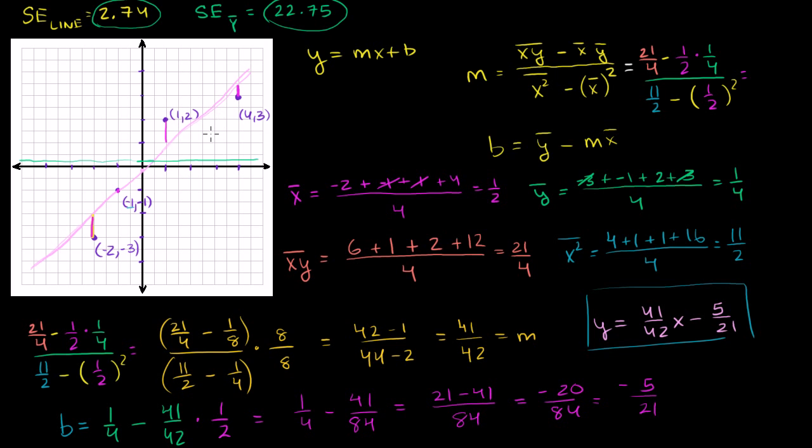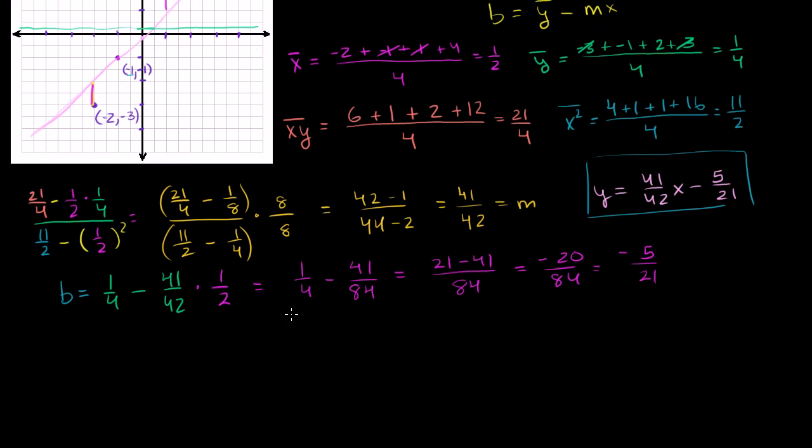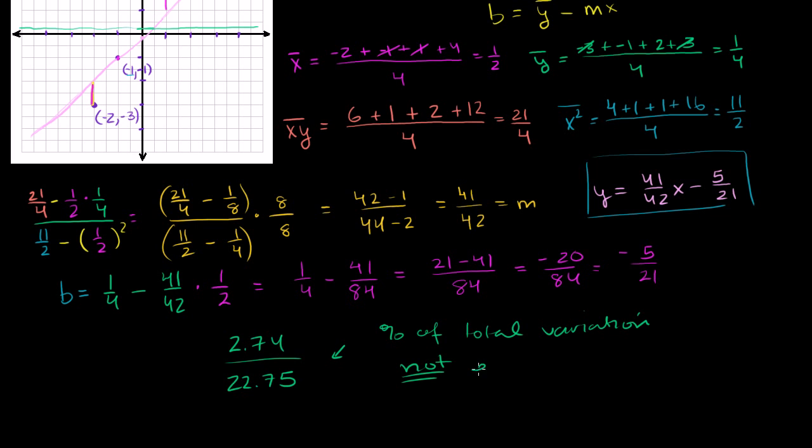So if you wanted to know the percentage of the total variation that is not explained by the line, you could take this number divided by this number. So 2.74 over 22.75. This tells us the percentage of total variation not explained by the line, or by the variation in x.